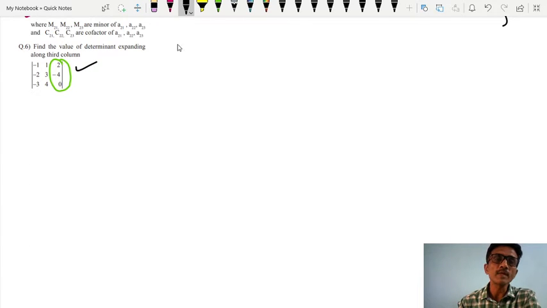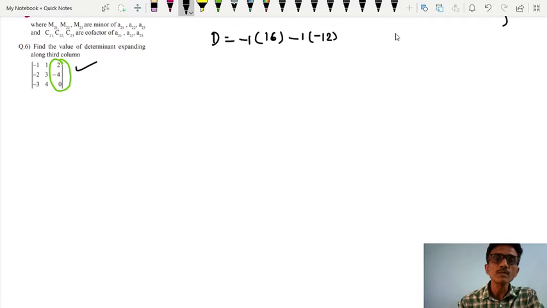So what will be the expansion? First of all, let us expand this determinant D. We write its expansion: minus 1 into this determinant. We will expand this: 3 into 0, minus of minus 4, plus 16 it is. Then minus 1 into the expansion of this determinant: 0 minus of 12, it is minus 12.